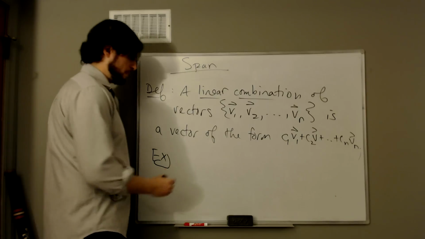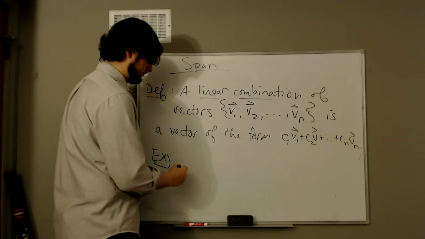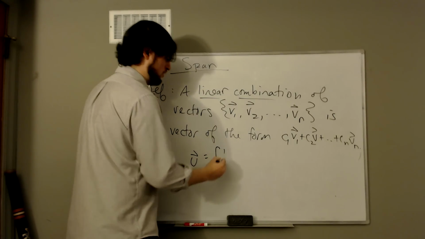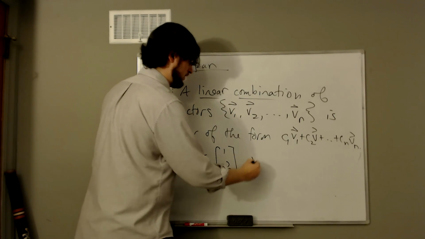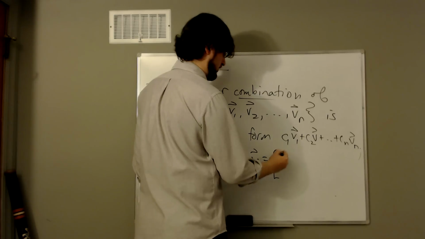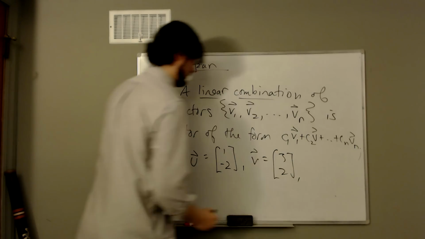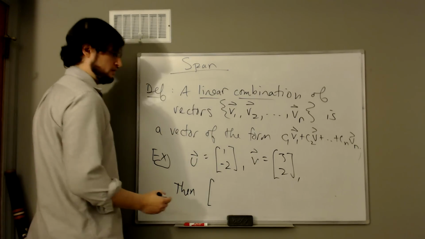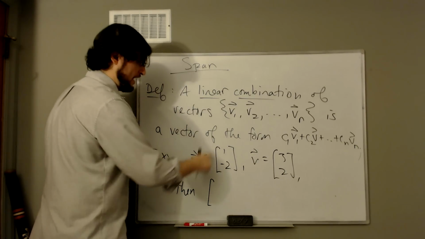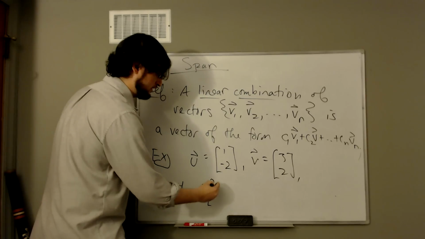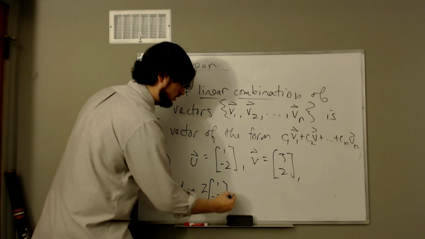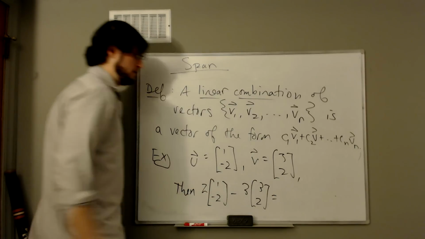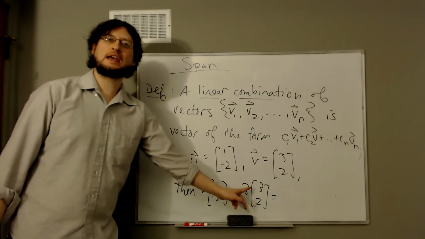So, for example, if u is the vector 1, negative 2 and v is the vector 3, 2, then if I take any scale of these, let's look at 2 times u minus 3 times v, and I can make that 2 and that 3 anything I want.